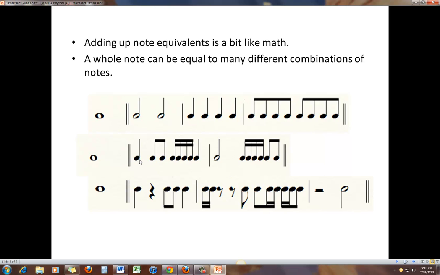So a whole note can be equal to a quarter note, 2 eighth notes, 4 16th notes, and another quarter note, or it can be equal to a quarter note and a quarter rest, 2 eighth notes, and another quarter note, etc. So all of these groupings between these measure lines are equal to one whole note.